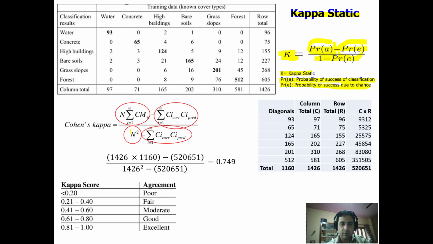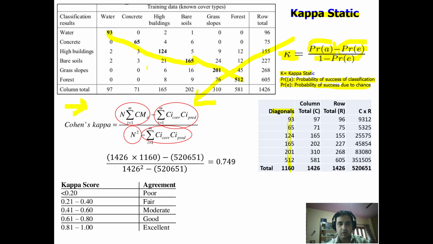Now when we further expand it in terms of formula, PRA becomes N into summation of CMii, where CMii are the diagonal elements. Here you can see the diagonals.